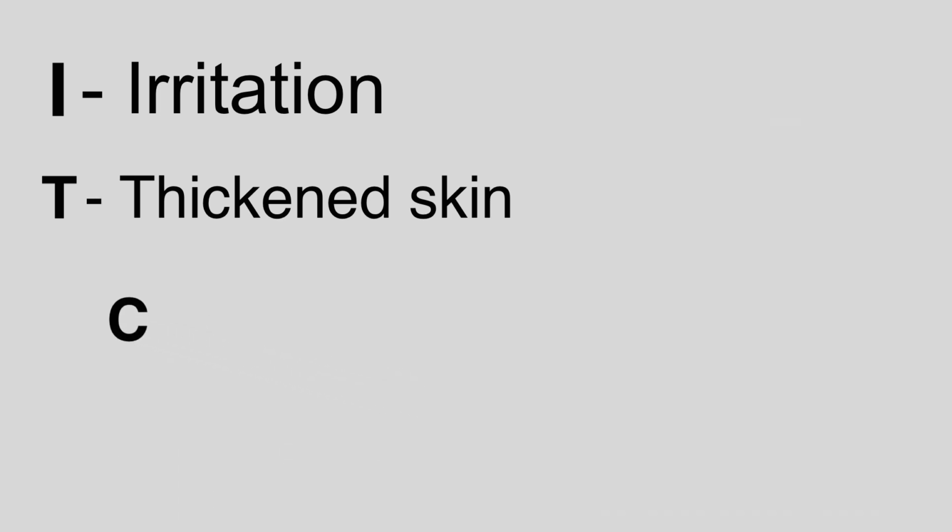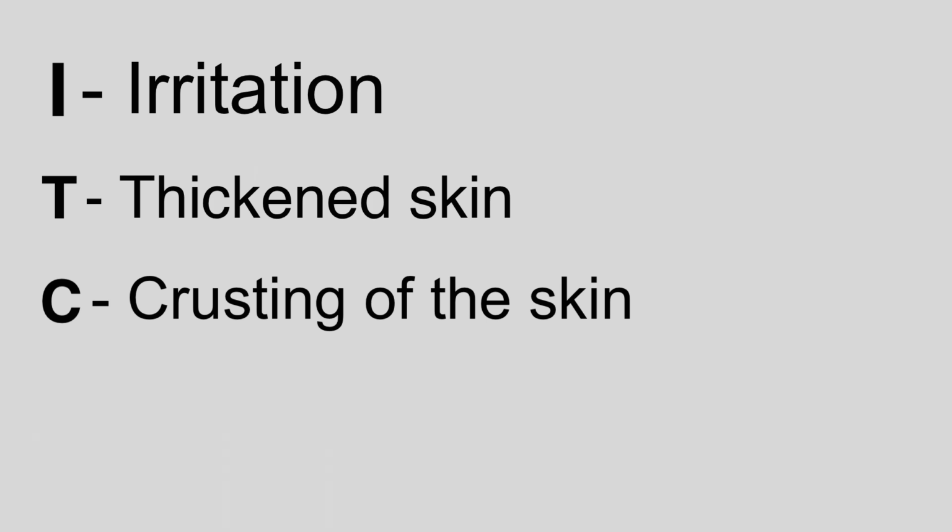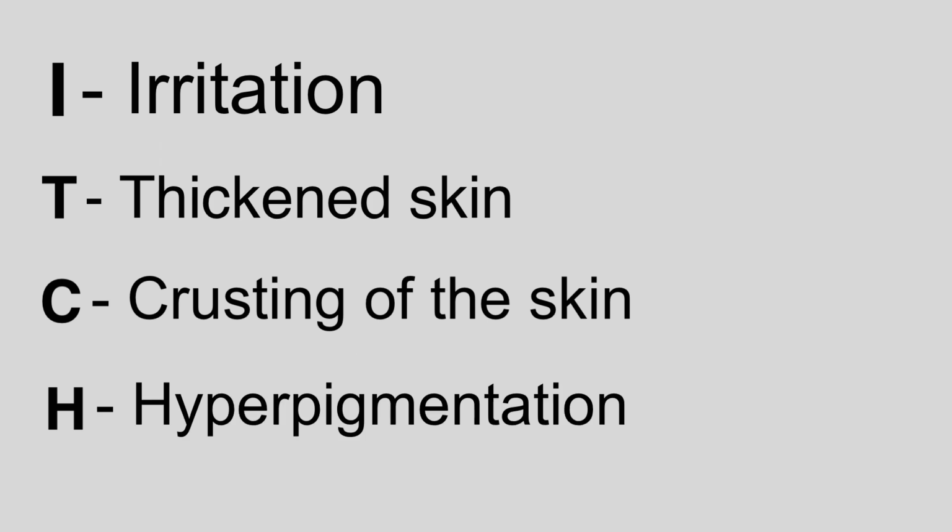C stands for crusting. This is what happens when you see it in severe and infected cases. Bear in mind, you can have infected eczema too, but that's another topic. And finally, H for hyperpigmentation. You can get those dark patches of skin after the inflammation has subsided, unfortunately.